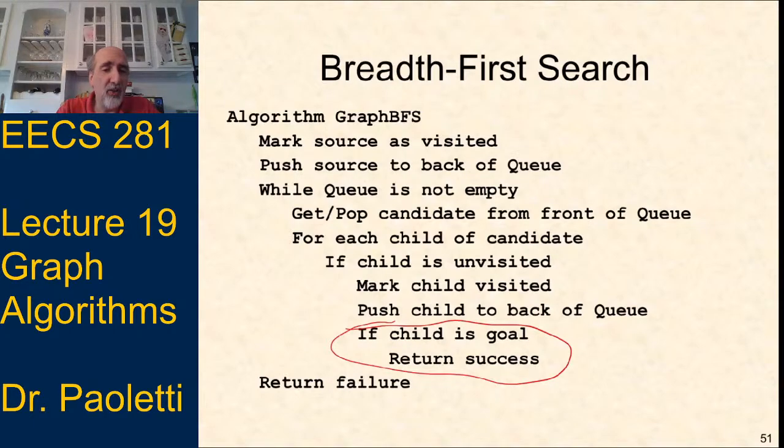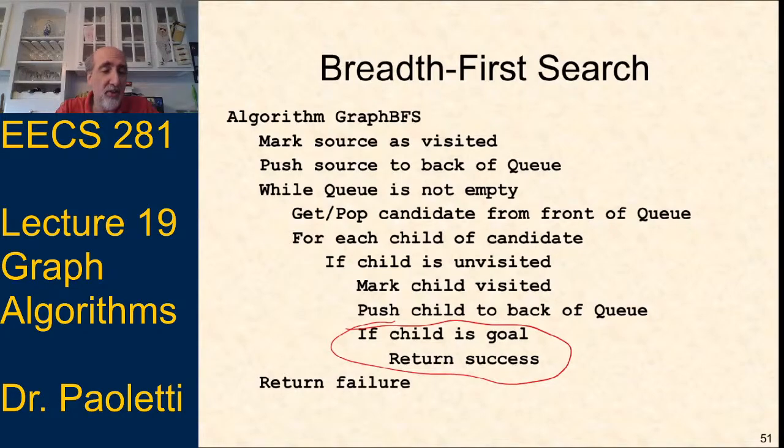It really comes down to, is it the goal when I push it? So if we did it differently, we'd get a different efficiency. And I think I misstated that on the other one. We are in fact checking as we push. The one that we push is the goal, then let's stop. Let's not wait until it comes out.